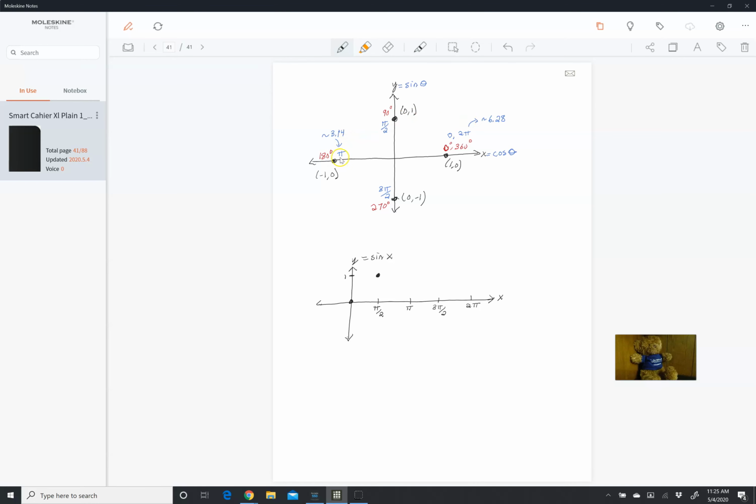The sine of pi is 0. The sine of 3 pi over 2 is negative 1. And finally, the sine of 2 pi, which brings us all the way around the circle, is 0.